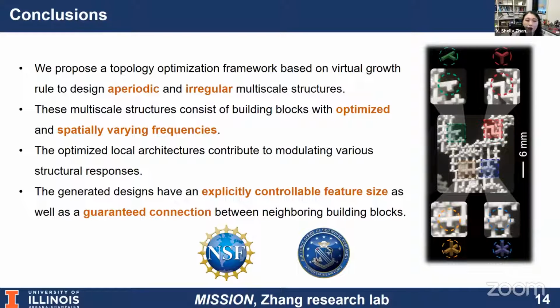And finally, last but not least, the choice of the building blocks can be quite flexible in the sense that here we just select 4 building blocks that would work. But we can certainly choose another set of building blocks as long as the minimum connectivity requirements are met. So the design space can be made much larger than what we show here. So with that, I'd like to conclude.